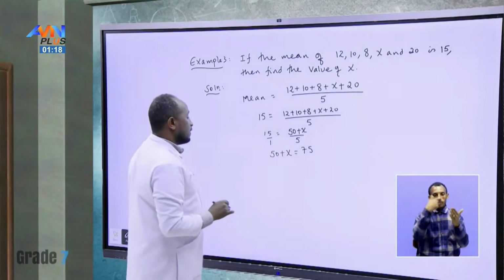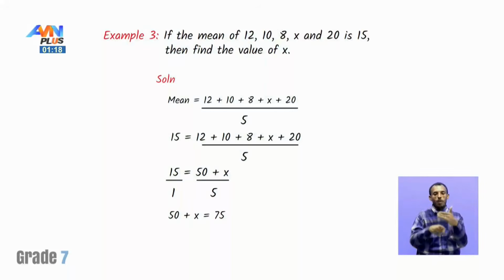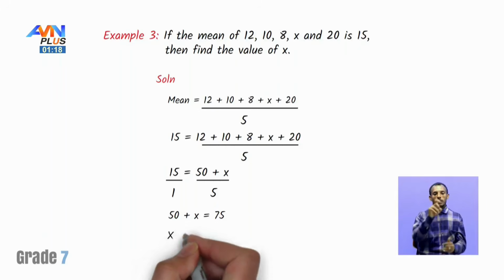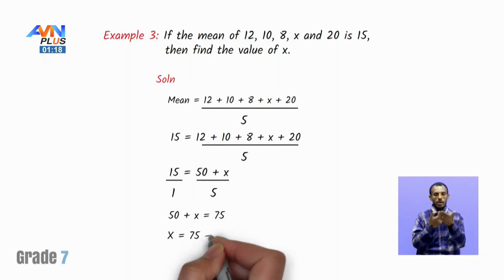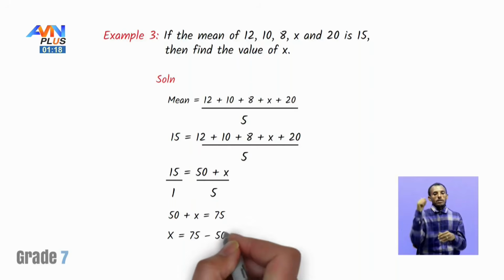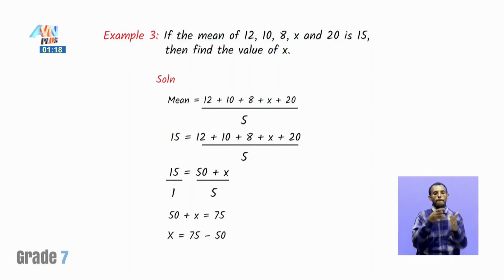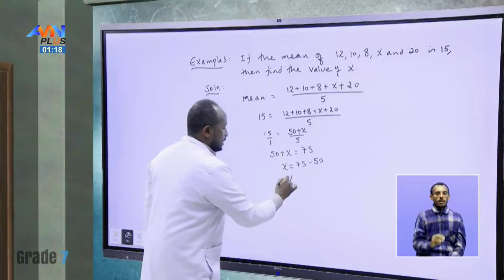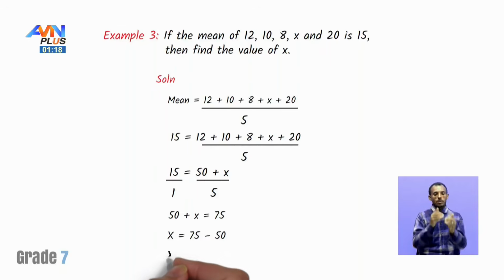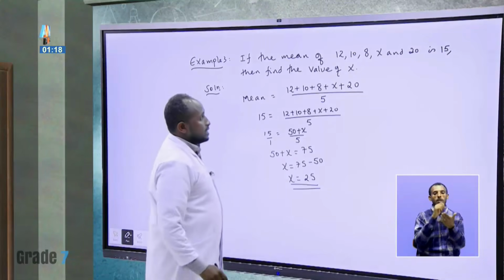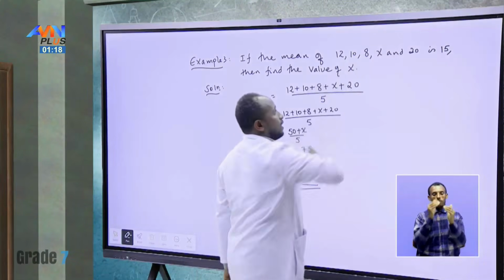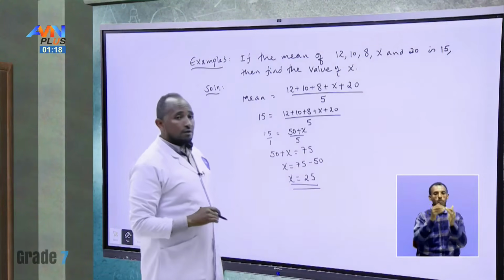Therefore x is equal to 75 minus 50, which is 25. So the unknown value x is 25.